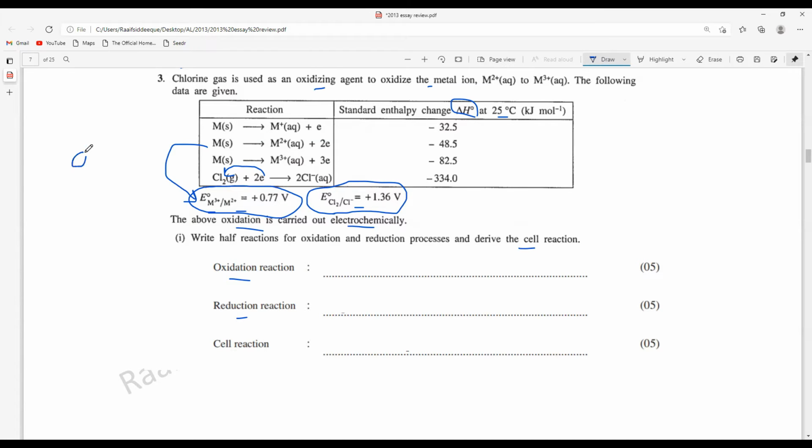For example, 0.77 is on top and +1.36 is on the bottom, according to our electrochemical series. Since this appears on top, it is more likely to be oxidized, so typically the oxidation should happen in this electrode.